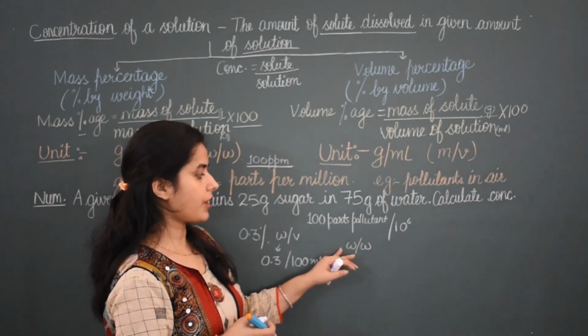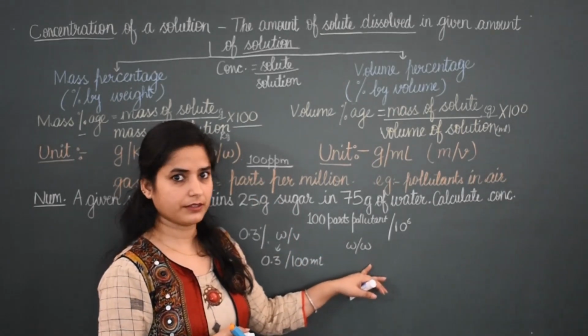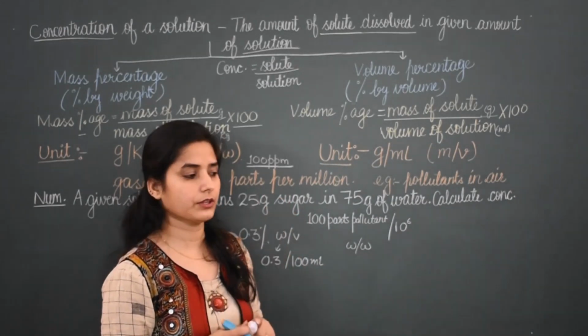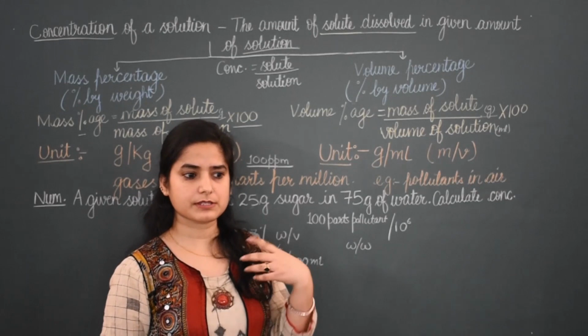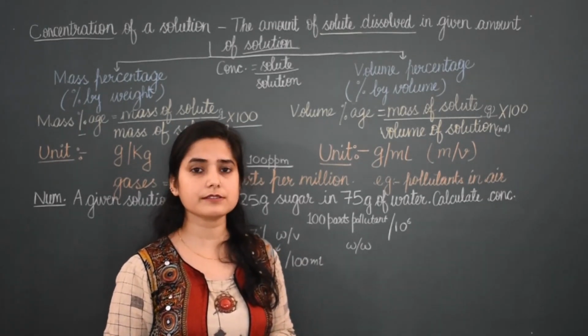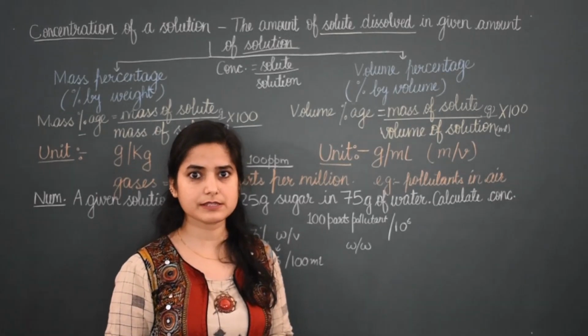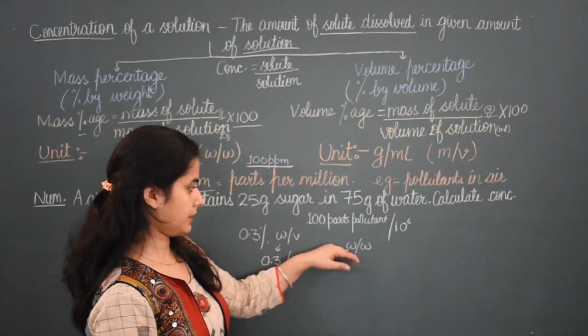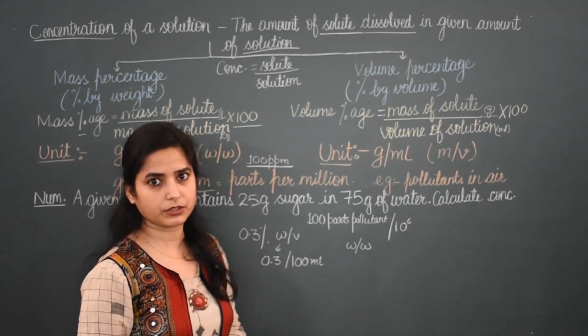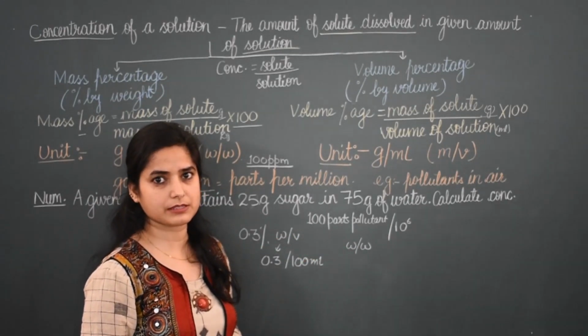So here solid is present in solid. It is done only to make the paste, not completely liquid. Different types of syrups and injections are there. You can see on their bottles that it is written W by W, W by V or V by V, volume by volume also.